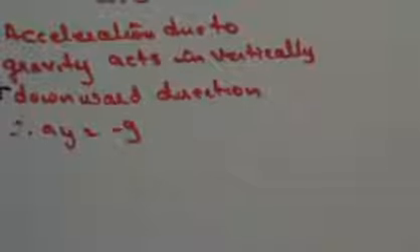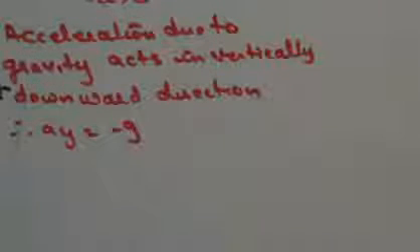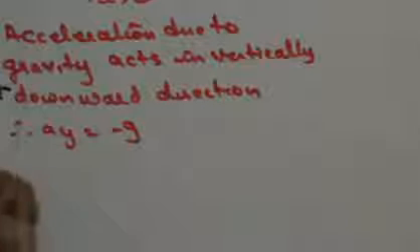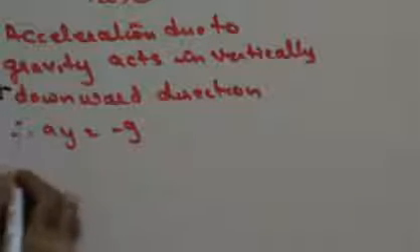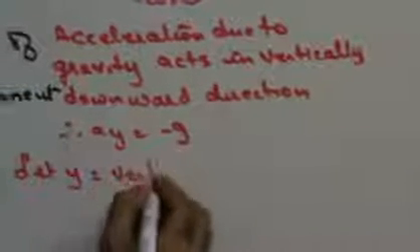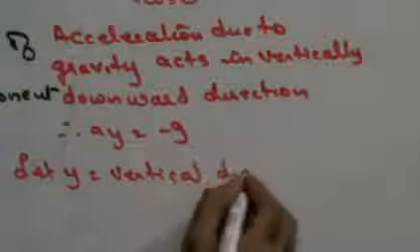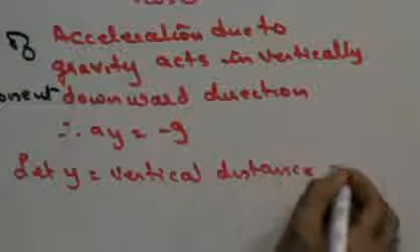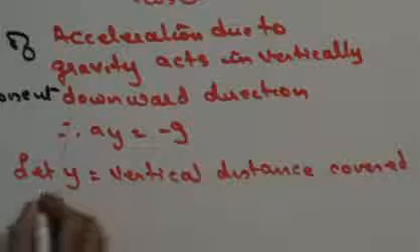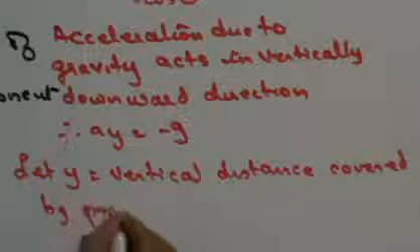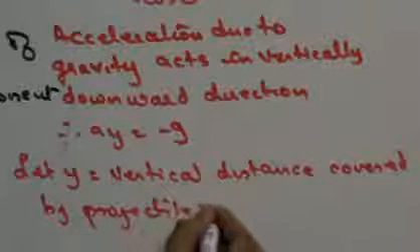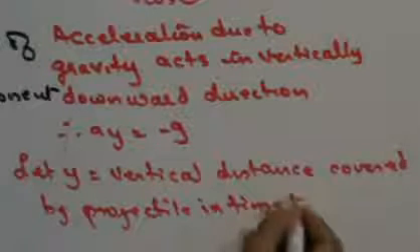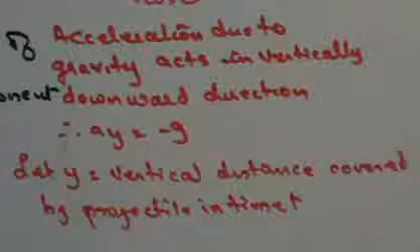Now let's assume that y is the vertical distance covered by the projectile in time t. That's the vertical distance that it is going to cover.